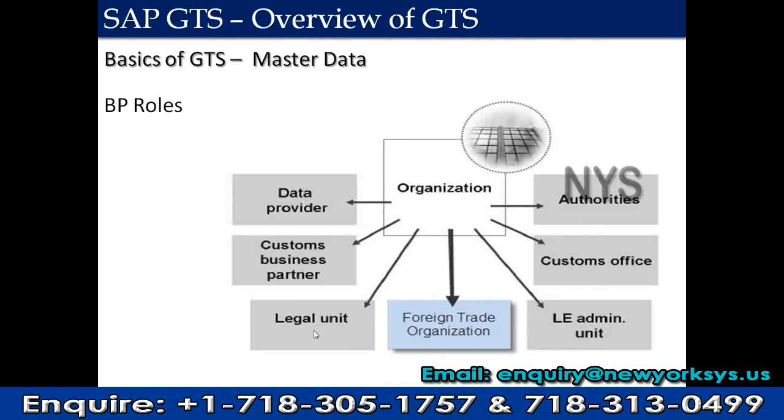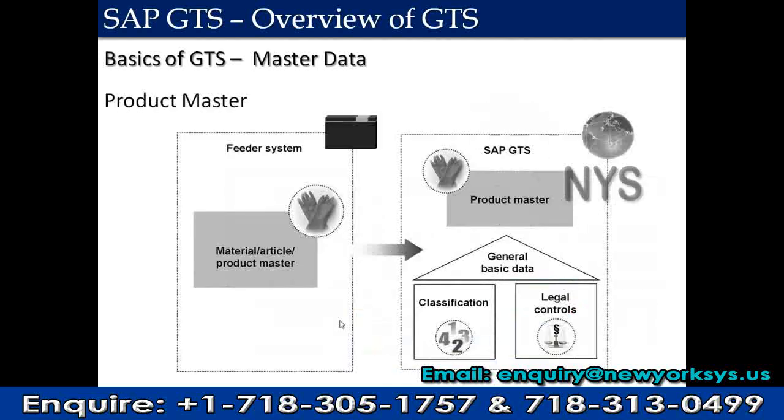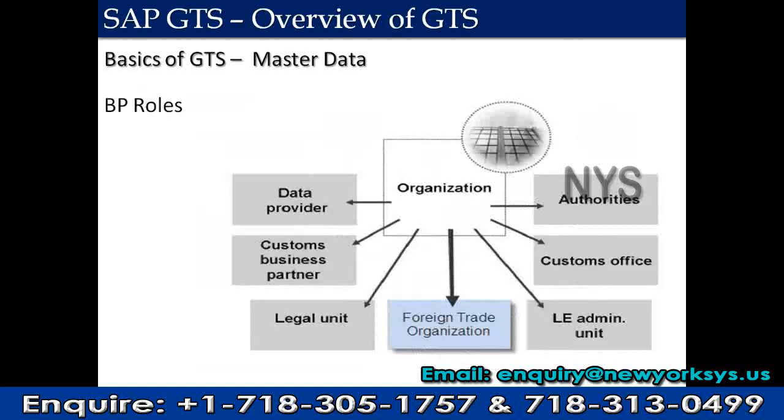What is a legal unit? A legal unit is a plant, basically. Plant in ECC is legal unit in GTS, and FTO is basically company code in ECC and foreign trade organization in GTS. So plant is linked to legal unit and FTO is linked to company code.